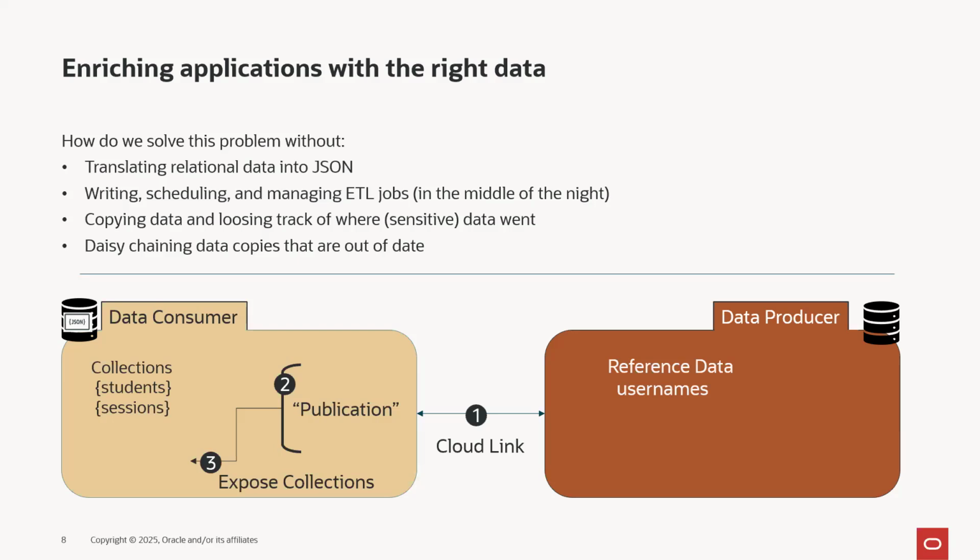Now, there's a lot of discussion we can have about where the privileges need to be set, etc. But we're going to go with cutting the dependencies as much as you can. And so you create a publication, which can be a view or a materialized view. And now you're exposing all of the data from the data producer into the consumer. And from there, you then translate the data and go into the collection view. And so that's the picture we're going to build up.